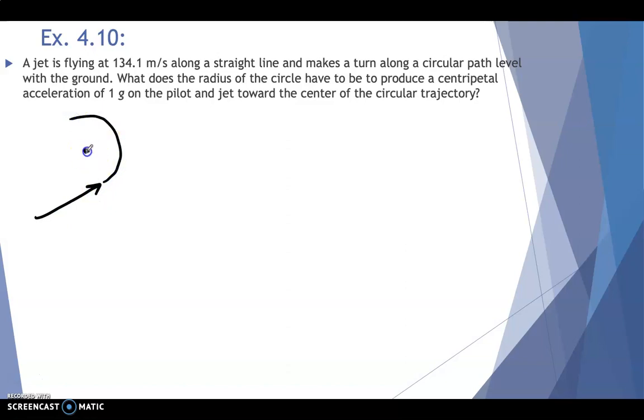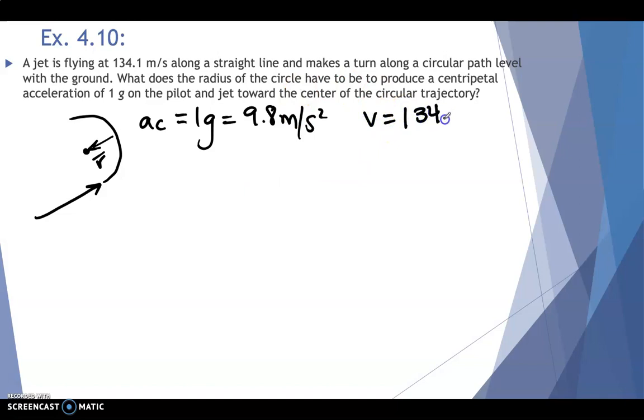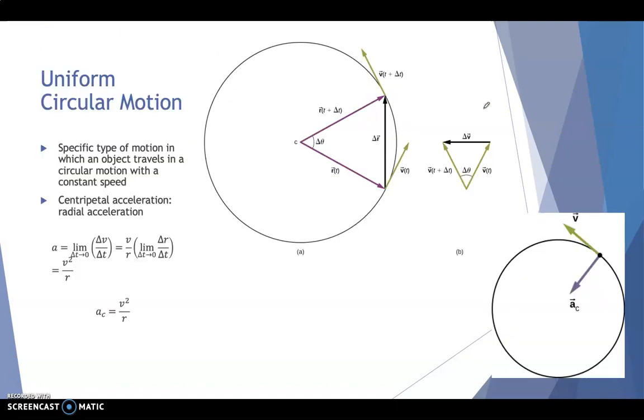So we want to know what this radius of the circle is, so we want to know r, to have a centripetal acceleration of 1g, or 9.8 meters per second squared, okay? Our velocity is 134.1 meters per second, so we want to know r.